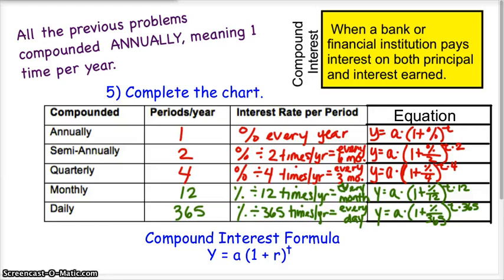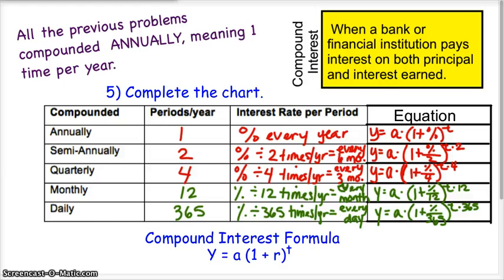Notice in the equation, it's your principal A, the amount you start with, times the quantity 1 plus the interest percentage divided by 12, and the power is T times 12, the number of years that the money is in the account times the 12 periods each year.